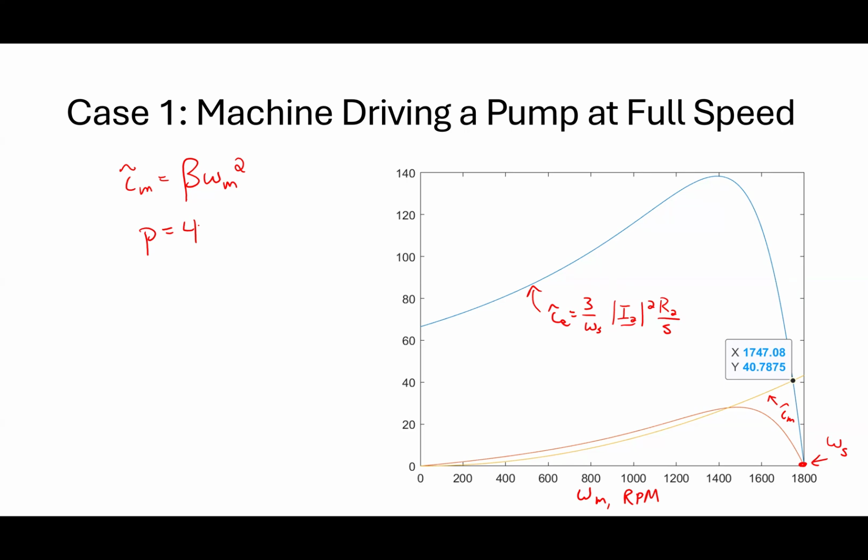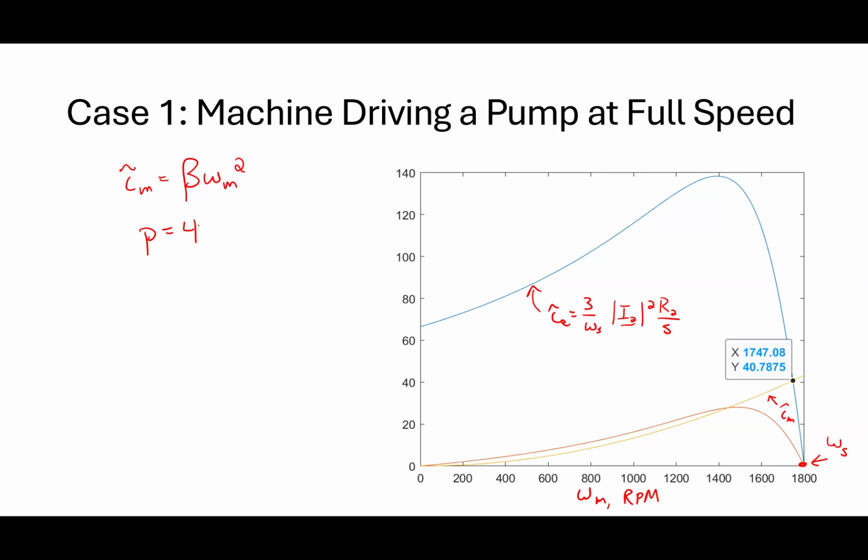Because it's closest to that, right? The actual operating speed is always really close to that. I could operate over here. However, doing that's really dumb, because the currents are going to be incredibly high over there. The current goes up and up and up as I go towards lower speeds.